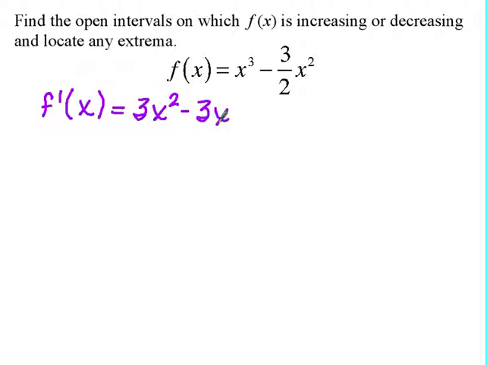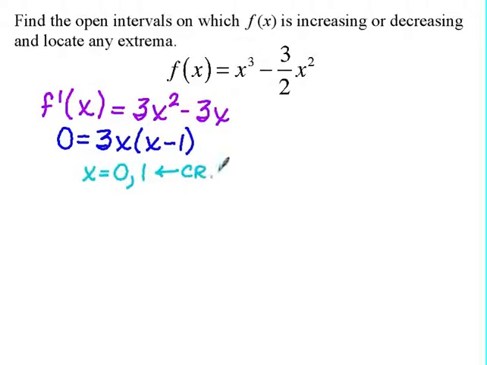Now I'm going to set it equal to 0 to find any critical numbers. Here I'm not going to have to worry about anything that's undefined, because you'll be able to find all of these. If I factor out a 3x, I get x minus 1. So where are my critical numbers located? 0 and 1. So x equals 0 and 1. These are my critical numbers.